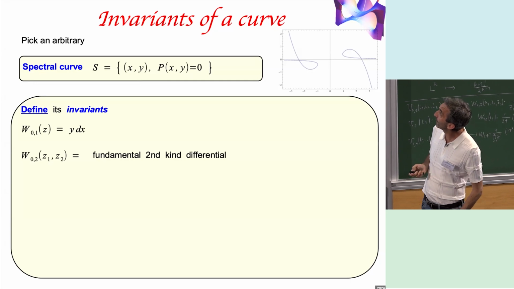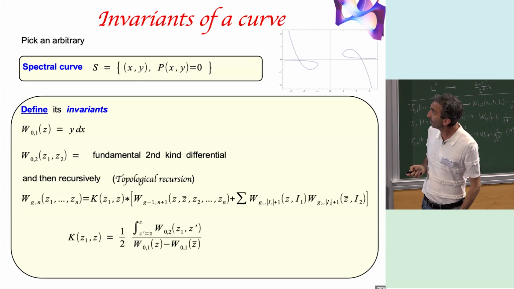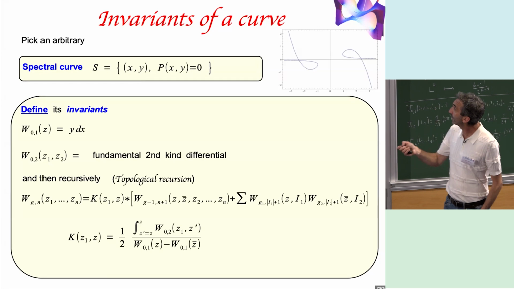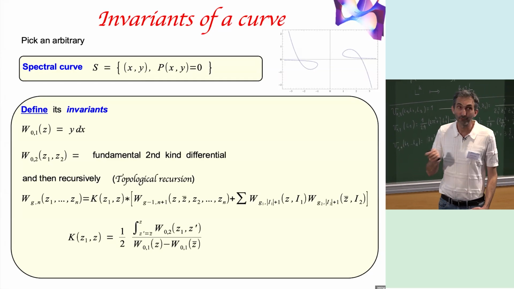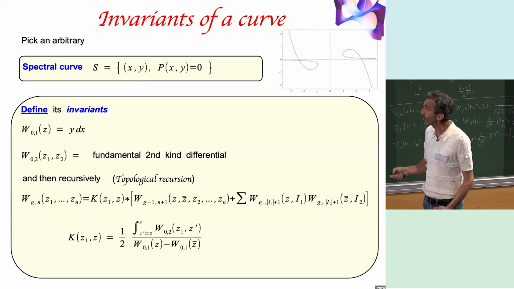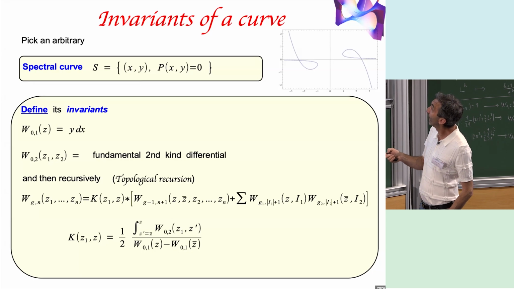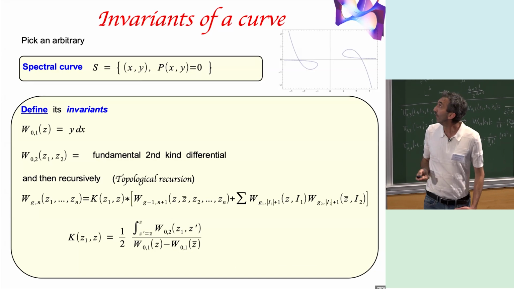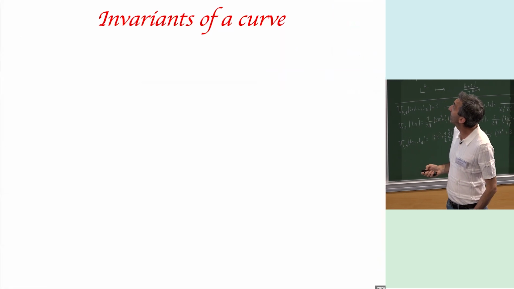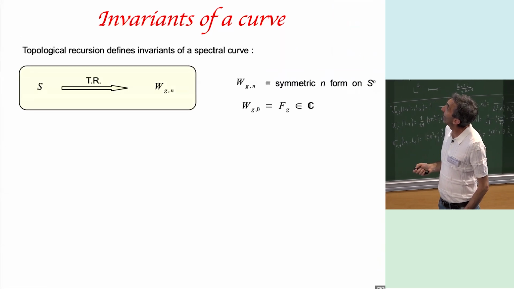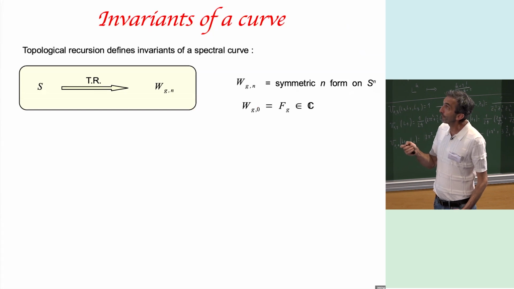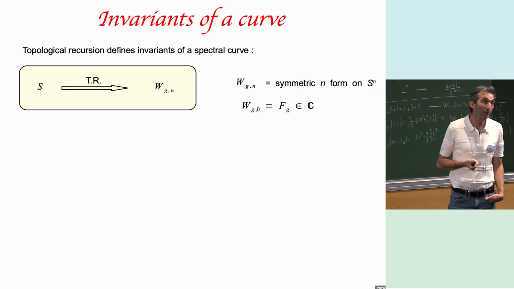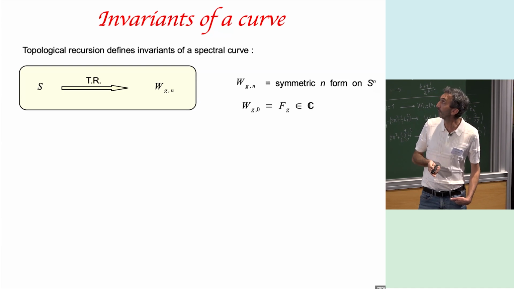Then W02 is a fundamental second kind differential. And then recursively, you take the same formula as before, and you compute recursively some WGNs, which are called the invariants of a spectral curve. So basically these procedures associate to any spectral curve a sequence with two indices of invariants.